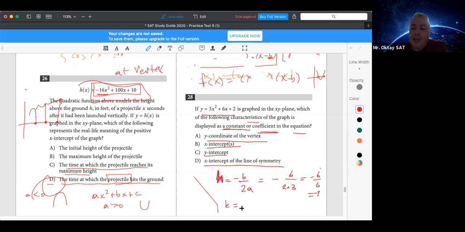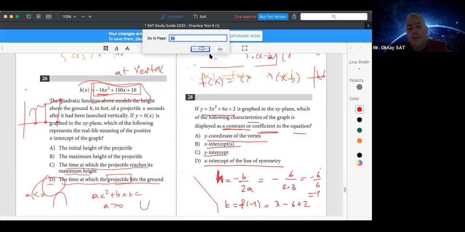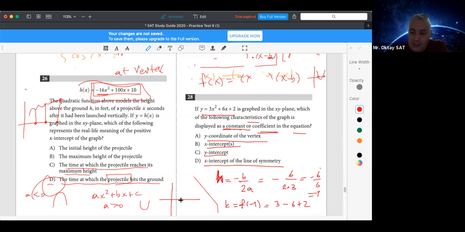So what about k? f at negative 1 is 3, negative 6 plus 2, 3 minus 6, negative 3 plus 2, negative 1. So the vertex is x is negative 1, y is negative 1, and it is upward. When x is 0, y is 2.